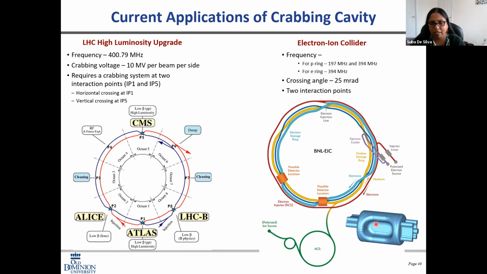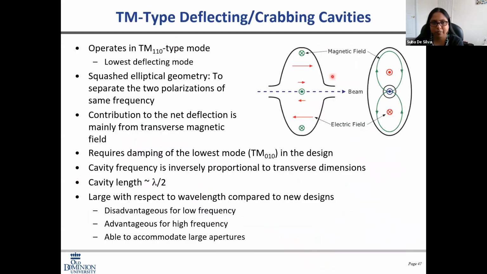This is a 197 megahertz RF dipole style crab cavity, and then for the electron ring, it's only 394 megahertz.